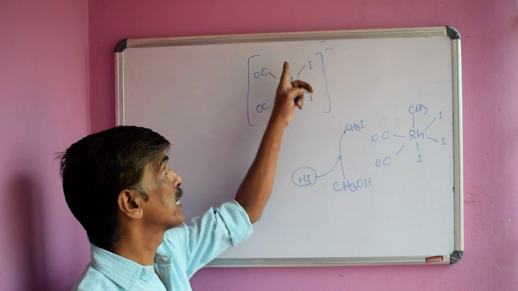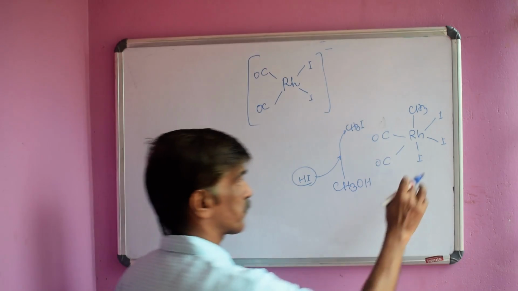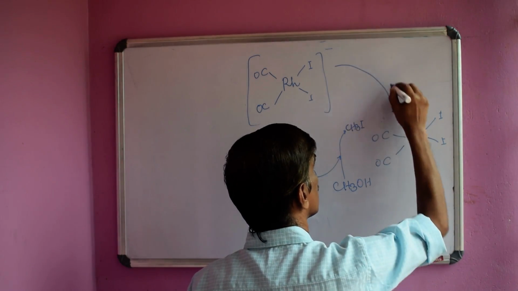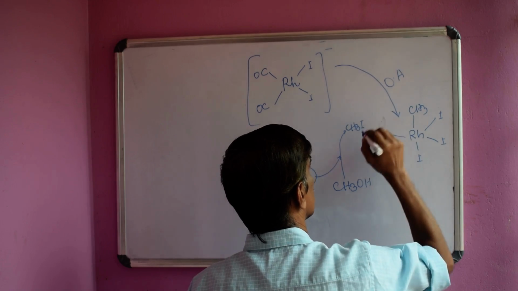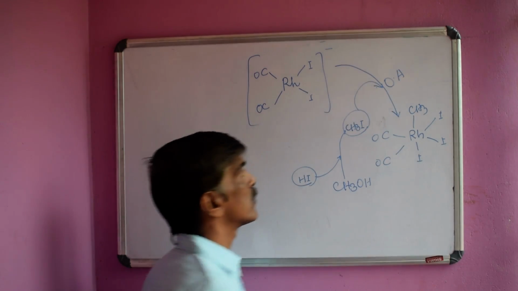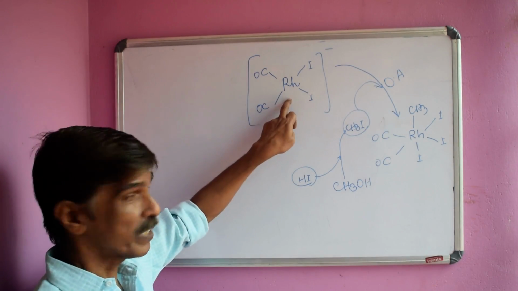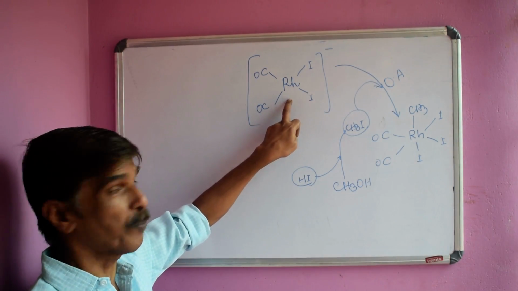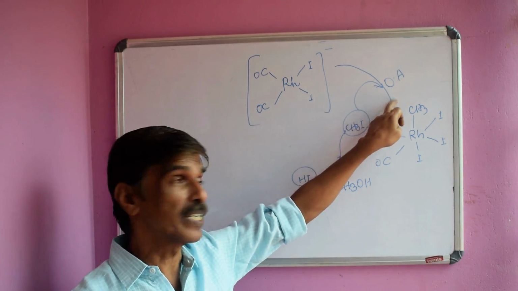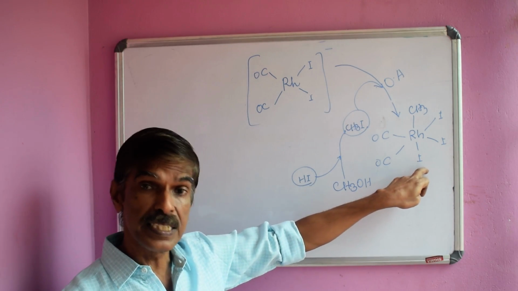That is, the methyl iodide is added by oxidative addition. So we can see this complex, that is the starting compound, the square planar 16 electron species, undergoes an oxidative addition forming this cis coordinate complex.